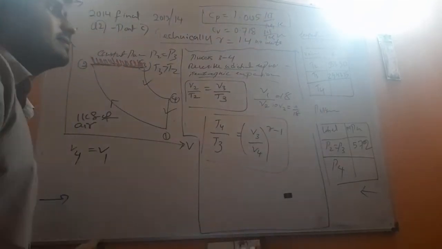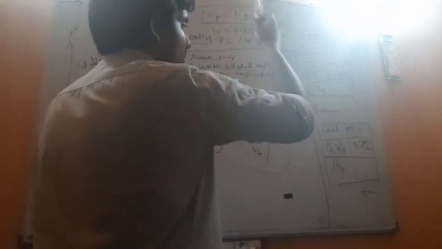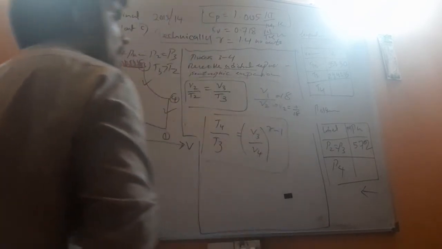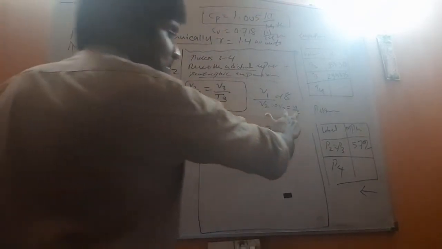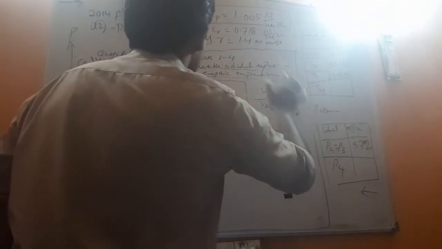V1 divided by V2 is 18, so V1 divided by 18 is V2. So now you can put this V2 value in terms of V1 into the earlier equation.